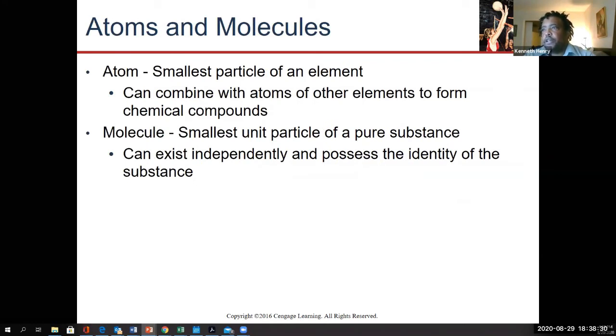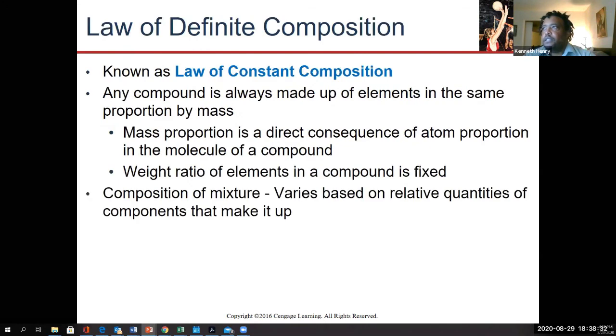So we've talked about a molecule, we've talked about an atom. The law of constant composition basically says that when we write our chemical formulas, for example CO versus CO2, carbon monoxide is different than carbon dioxide. They're going to behave differently, but each has a fixed ratio of carbon to oxygen.